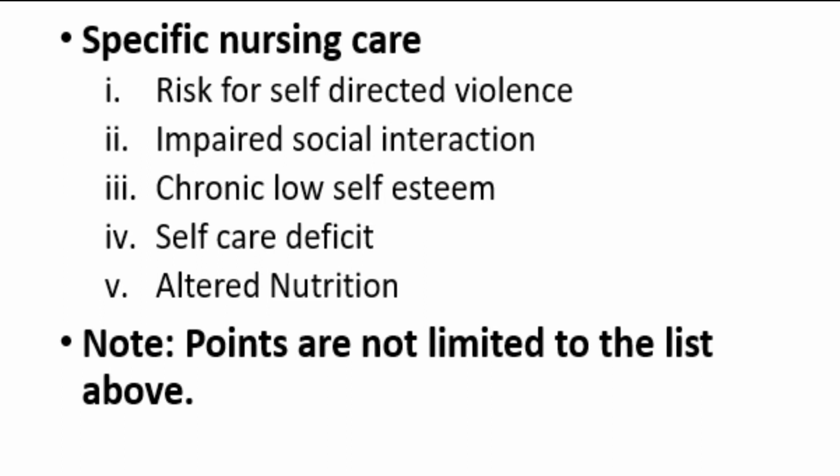Then I have also discovered that my patient has impaired social interaction. Okay, this is a depressed patient. They have impaired social interaction. So what should I do to help this patient begin to interact? I should not nurse this patient in an environment alone. Of course, they have to be nursed in an environment with other patients.